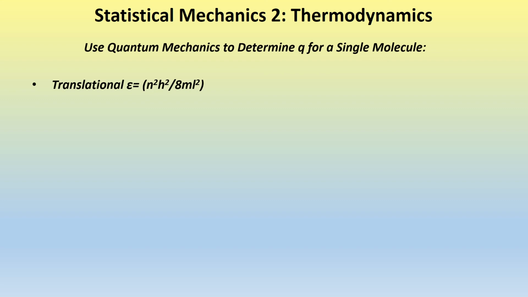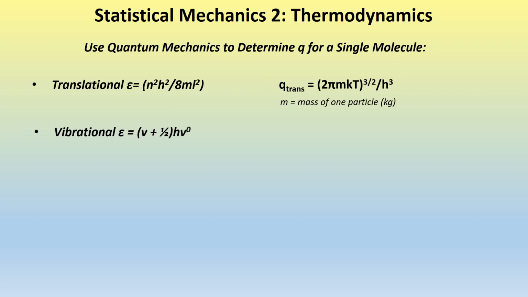Applying the math for the partition function, we find that the translational partition function is 2 pi m kT, where m is the mass of one particle in kilograms, to the 3/2 divided by h cubed. We have also already solved the vibrational energy at v plus a half h nu.